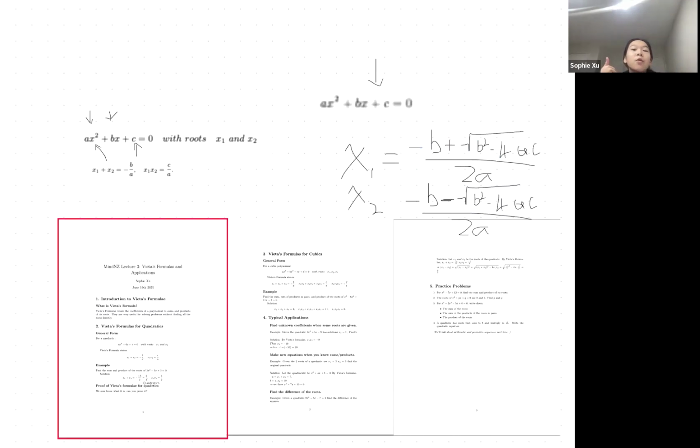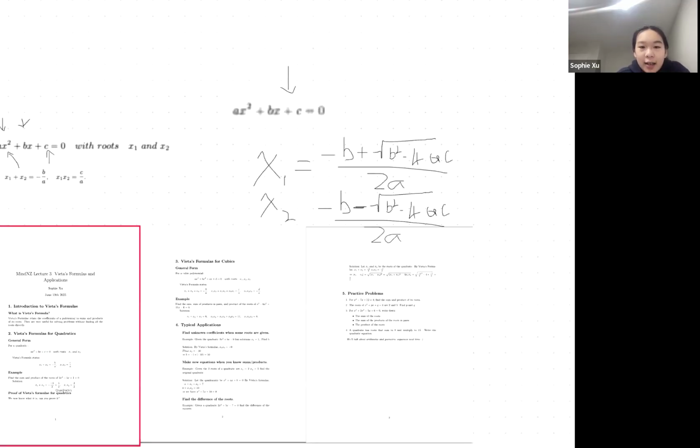Should I go over the proof for this, or should we just move on? Thumbs up if you want to go over the proof for this. Okay, let's go over the proof for it then. Actually, does anyone want to give it a go?